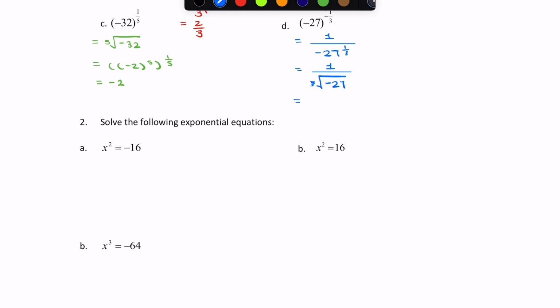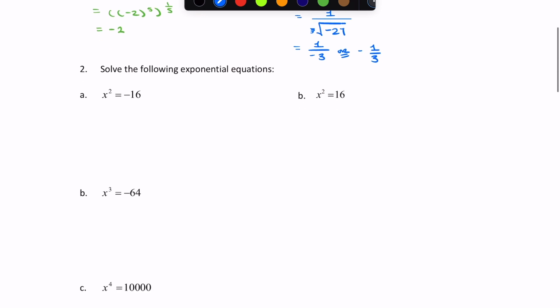The cube root of negative 27 is equal to negative 3. So our final answer is 1 over negative 3, or negative 1 over 3.